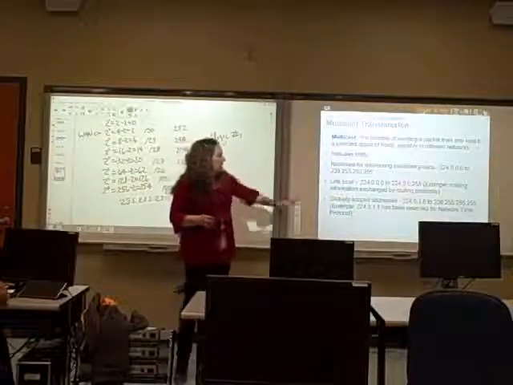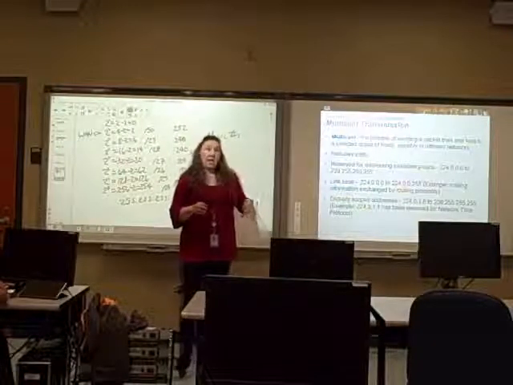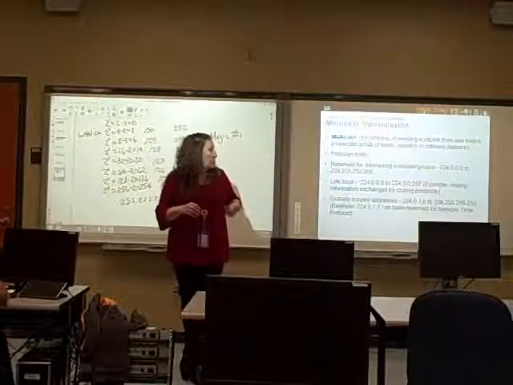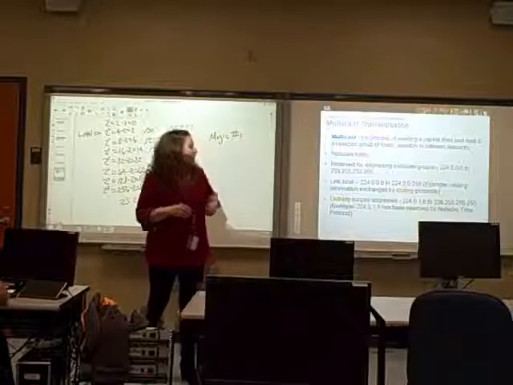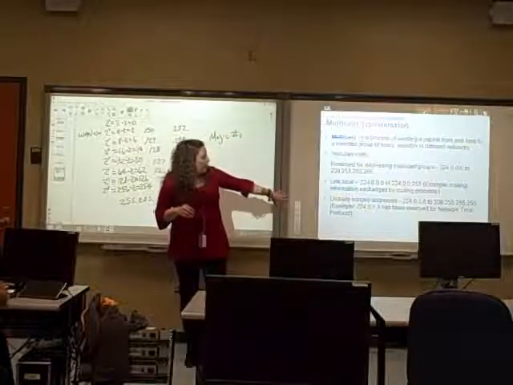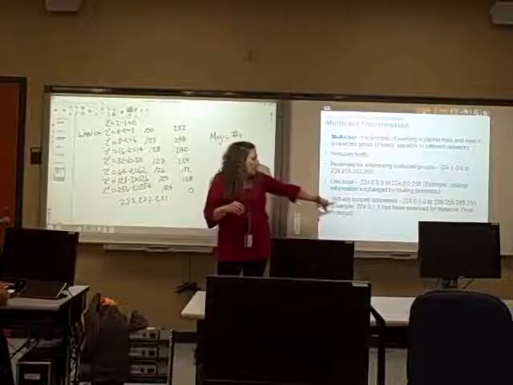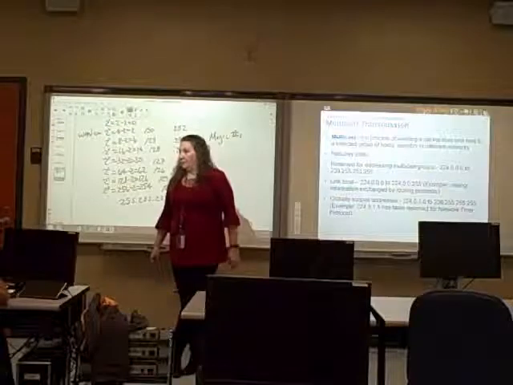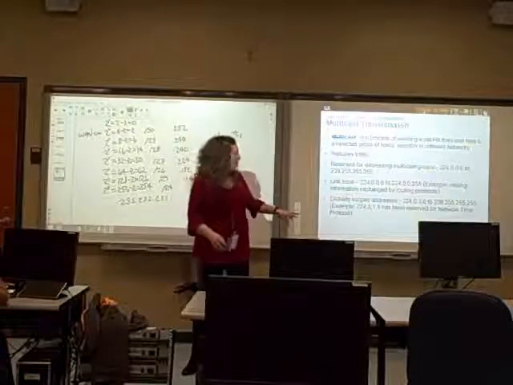Okay? And globally scoped addresses are 224.0.1.1 to 238.255.255.255. Okay? An example here is that 224.0.1.1 is reserved for network time protocol. It's NTP. Okay?